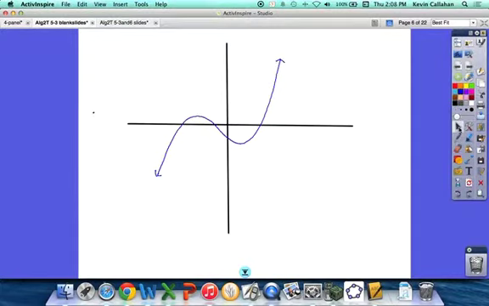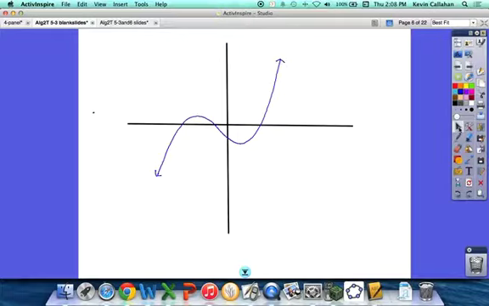Now, here's a cubic. We just did one that was a cubic over there. Remember when we had this as a cubic, if there's 3 complex, there could be 0 or 2 imaginary. There had to be at least one real solution, right?